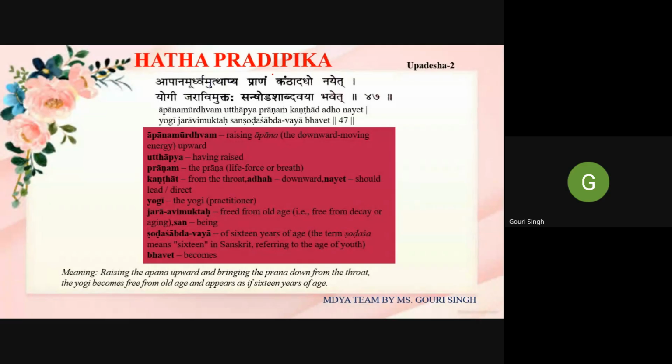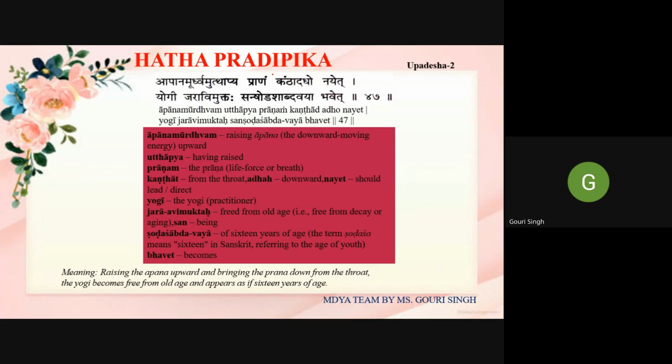Okay. So that means we are trying to flow our prana in the opposite direction. Apana is always moving in the downward direction, and the prana, which goes in the upward direction, by applying the Moola bandha and mostly the Jalandhara bandha, we make that prana flow in the downward direction, and apana in the upward direction.